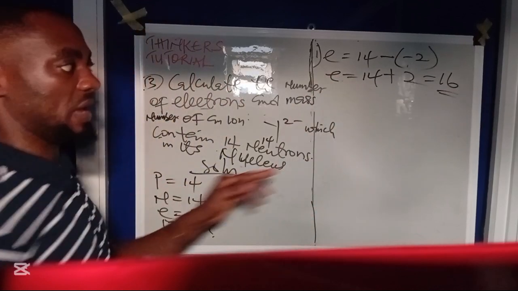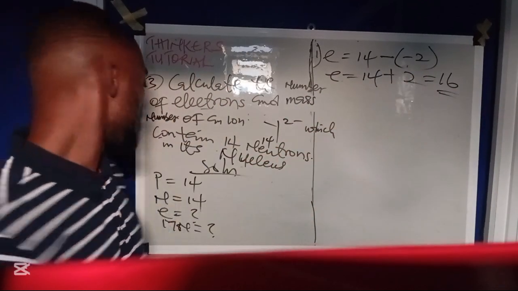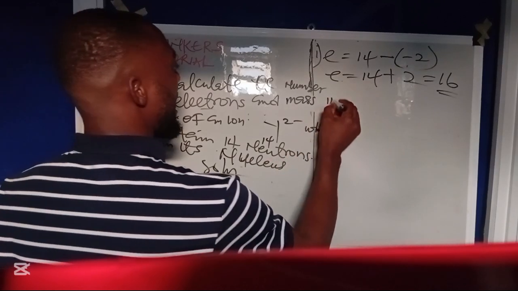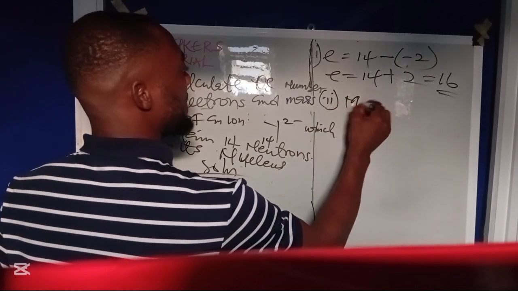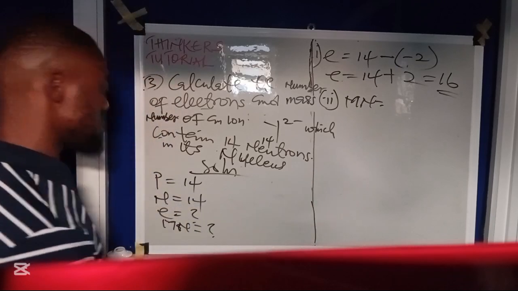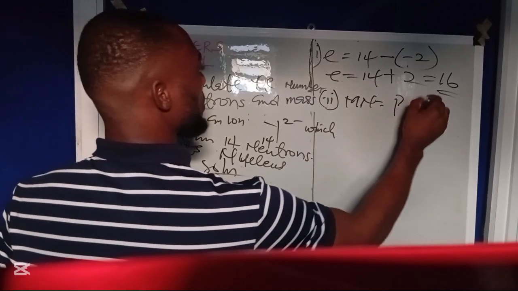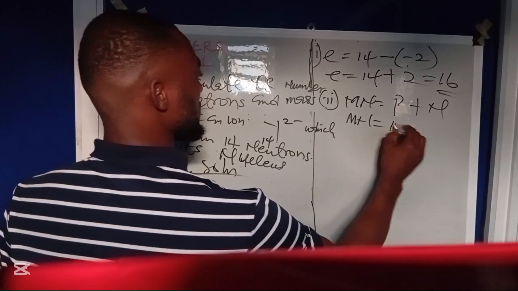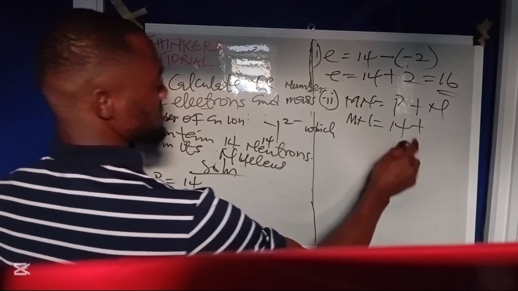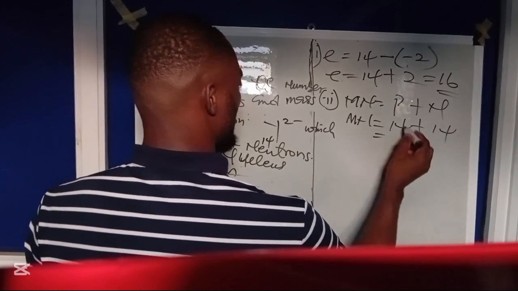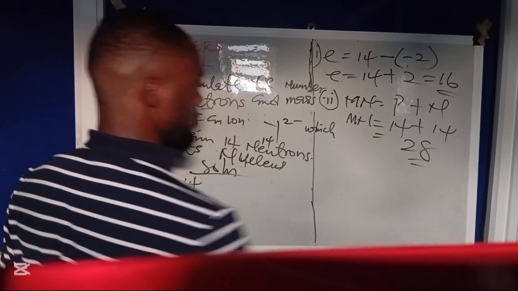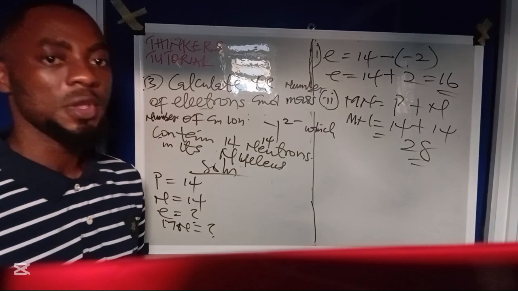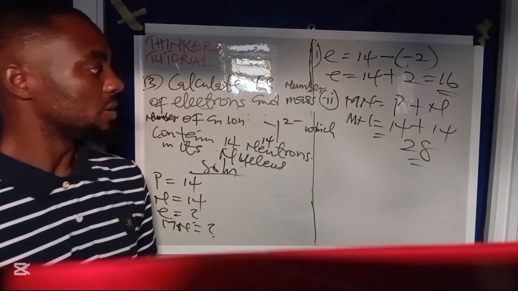So the number of electrons here is equal to 16. Then we are now going to get our mass number. Our mass number is equal to proton plus neutron. Our proton is 14, our neutron is also 14. So 14 plus 14 is equal to 28.